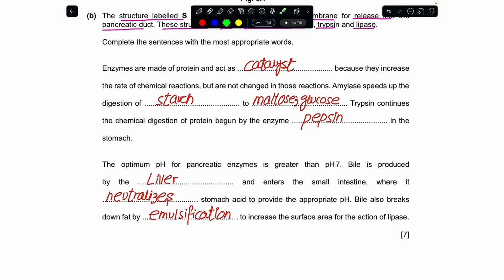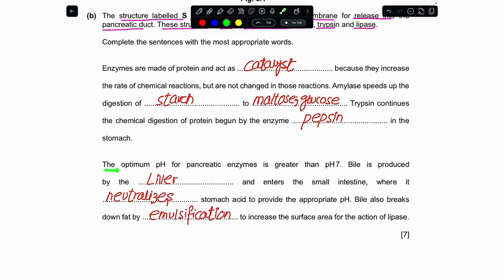Then this statement from here to here is in terms of protein digestion. So they name an enzyme which is trypsin. They say trypsin continues the chemical digestion of the protein begun by the enzyme dash in the stomach. But we are aware that trypsin is there in the small intestines. And before that, the protein digestion happens in the stomach with the help of the pepsin enzyme.